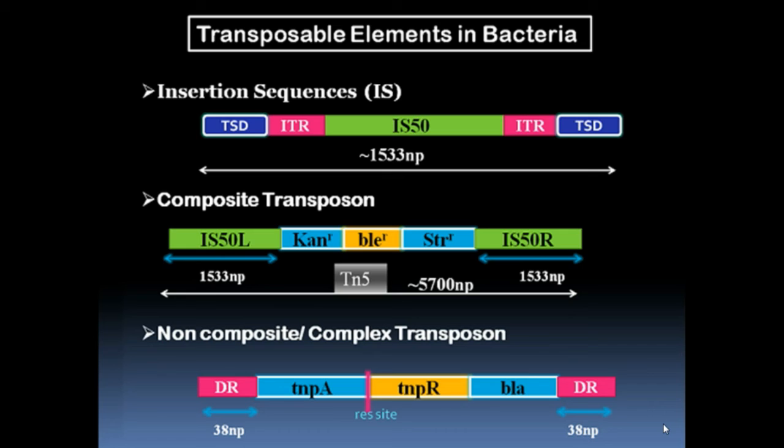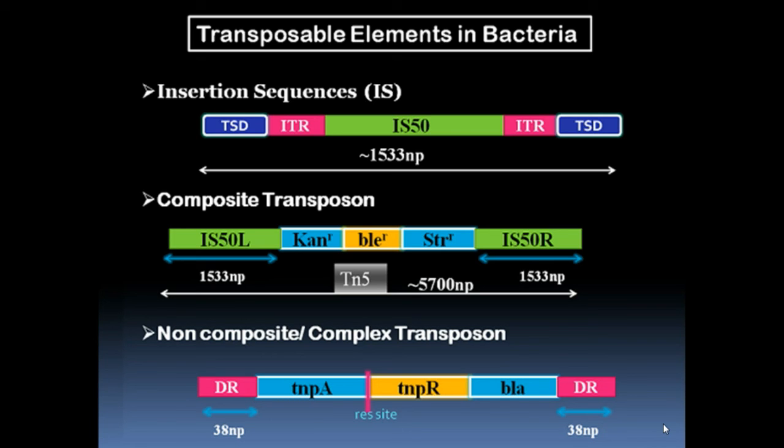Besides it, there is a presence of various other genes in between them, so that's why they're called non-composite or complex transposons, like that of TnpA, which encodes for the transposase.